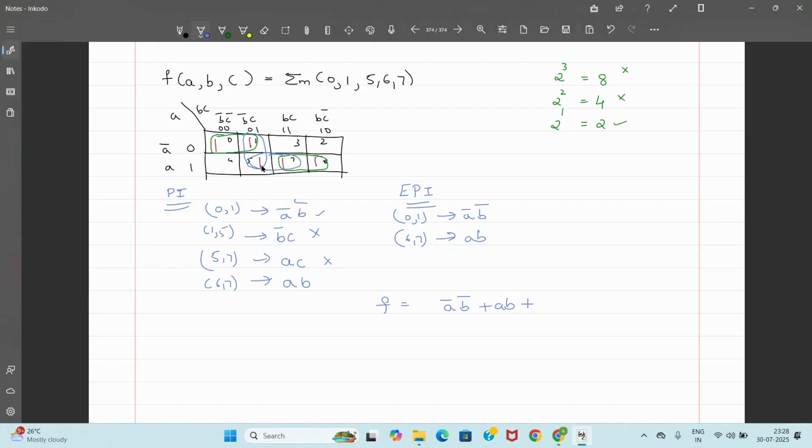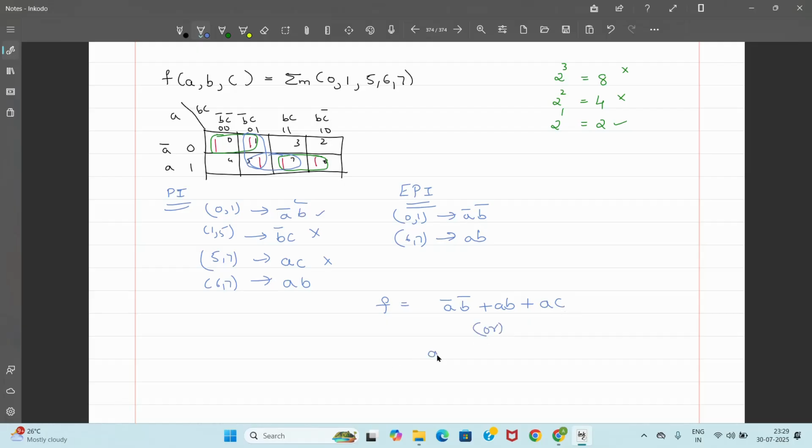Either I can combine cell number 5 with 7 and write the answer, or I can combine cell number 5 with 1 and write the answer. So any one of the groups is fine. Don't write both of them. One becomes waste. It's redundant. Out of the two options, you keep one of them. Okay. So if I take group number 5 comma 7, then my answer will be plus AC.